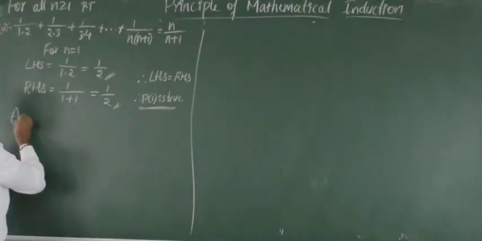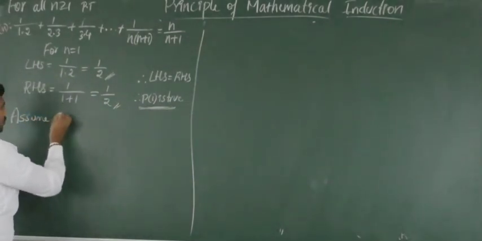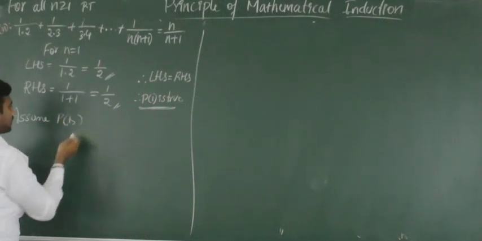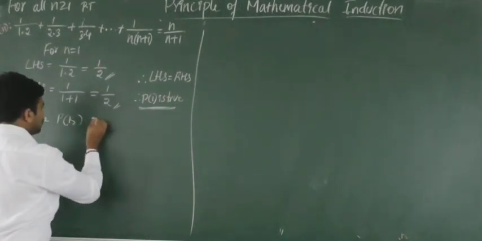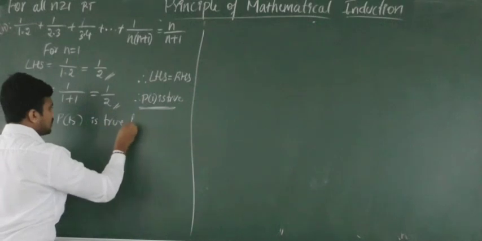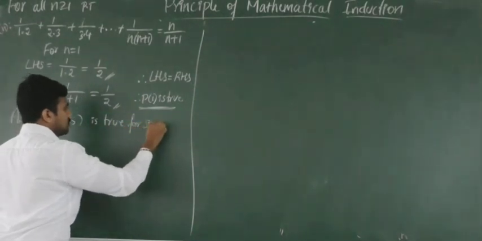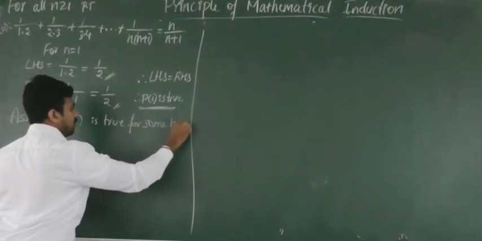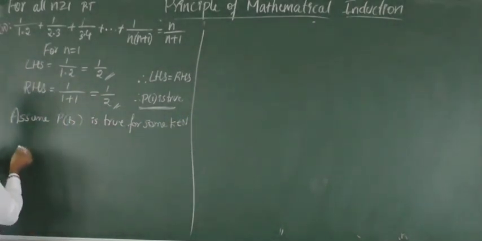Now we need to assume P of k is true for some natural number k.